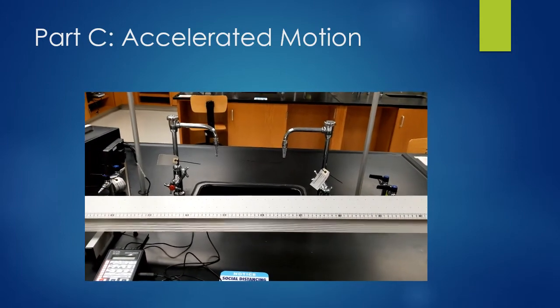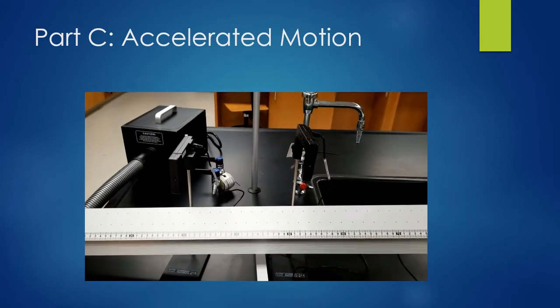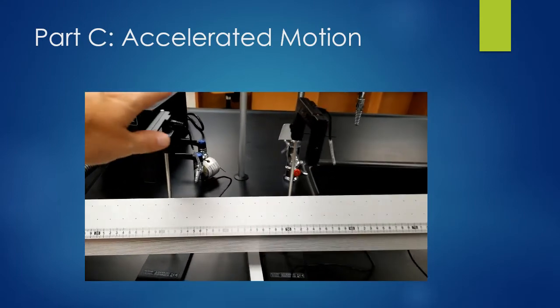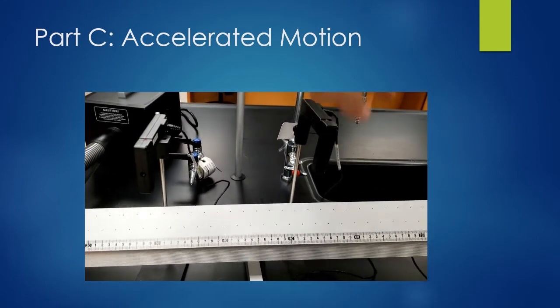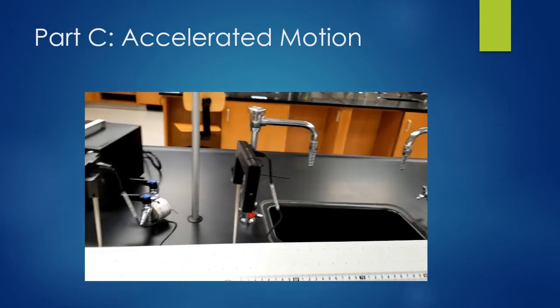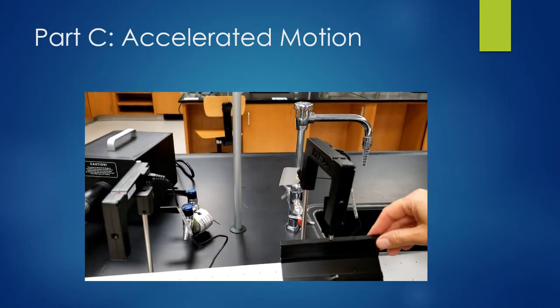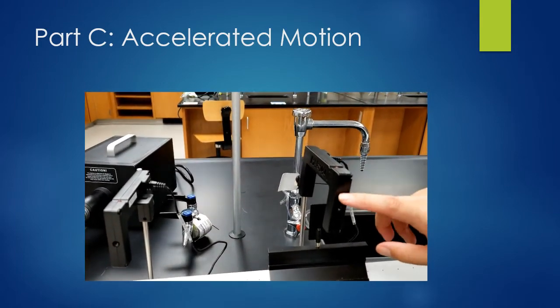Okay, so what we're going to do is we're going to be timing how long it takes that glider to go certain distances. So over here I have 2 timers. These are called photo gates. The reason that there is 2 of them is because when the glider slides down and goes through the first photo gate, it's going to start the timer.